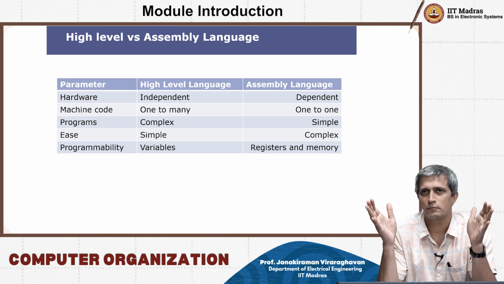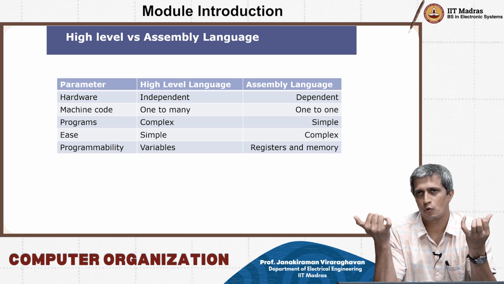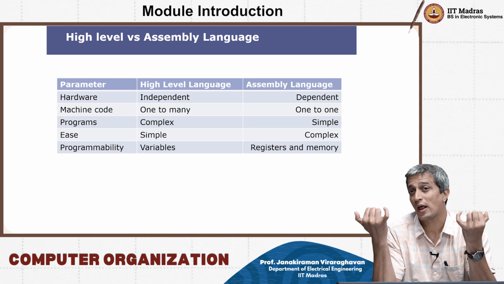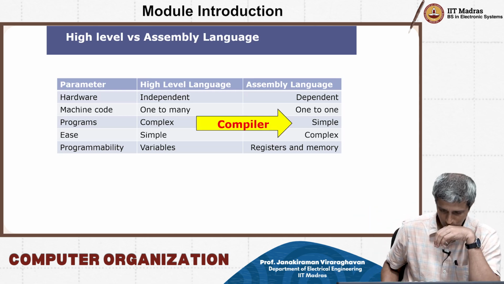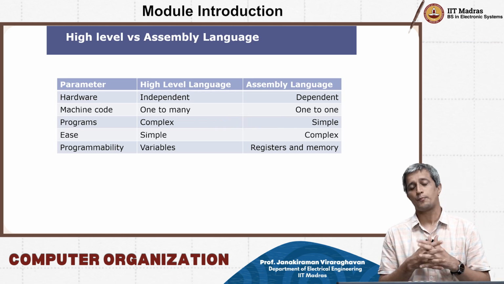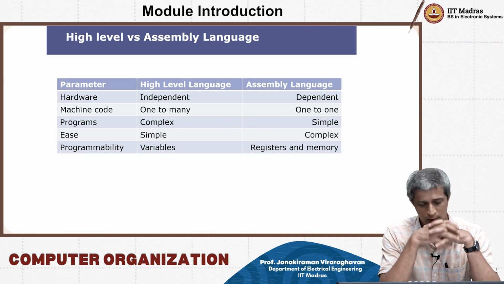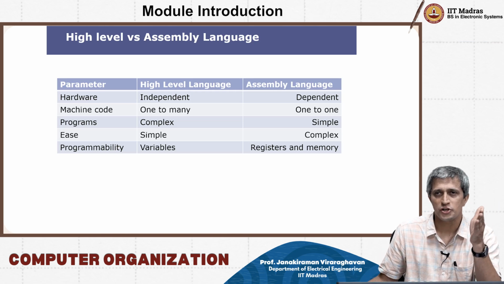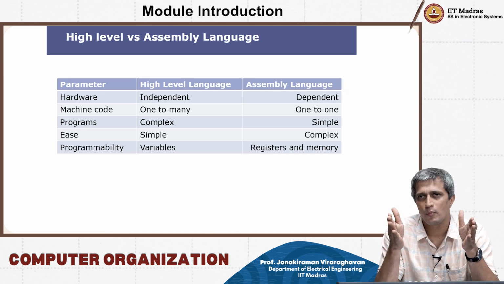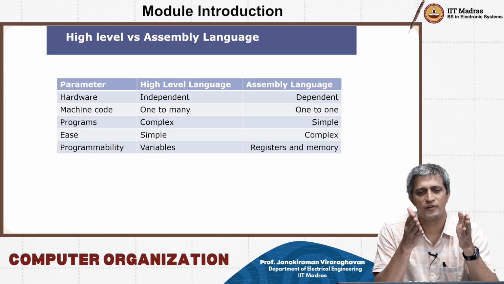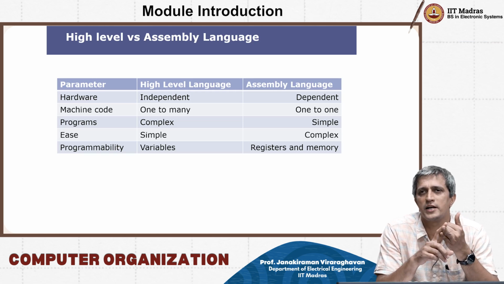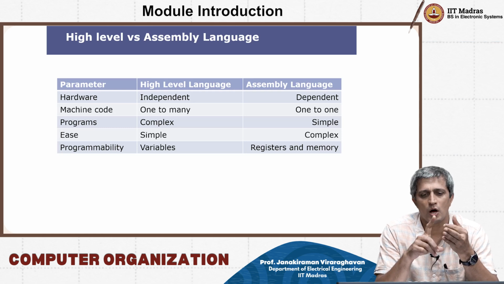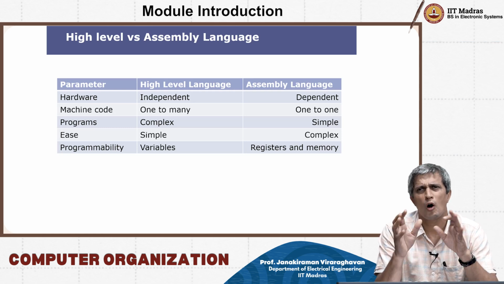So these are two quite different programming languages. For example, if you look at the properties of a high level language, when you write a C program, you really don't worry about whether the underlying processor is an x86 processor or an ARM processor or a RISC processor or whatever it is.